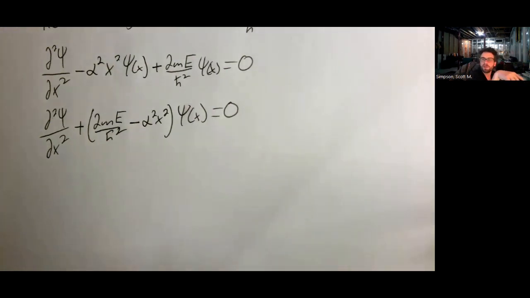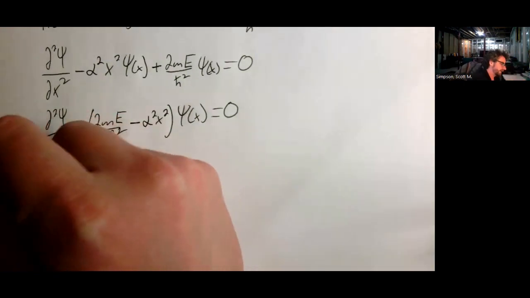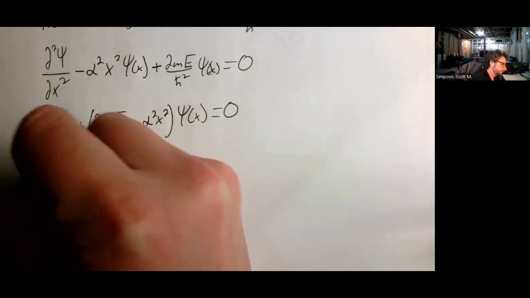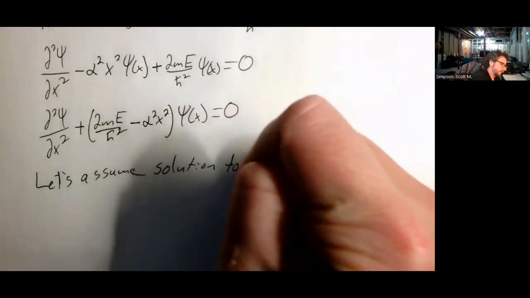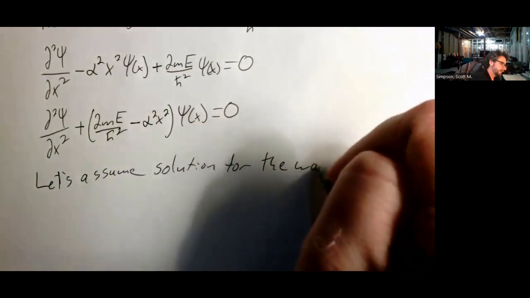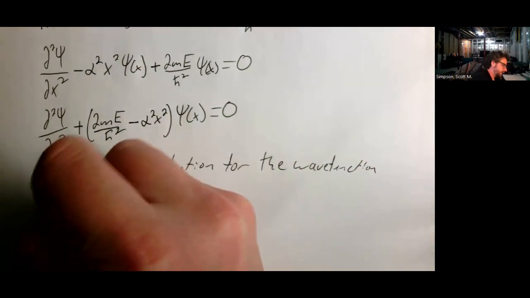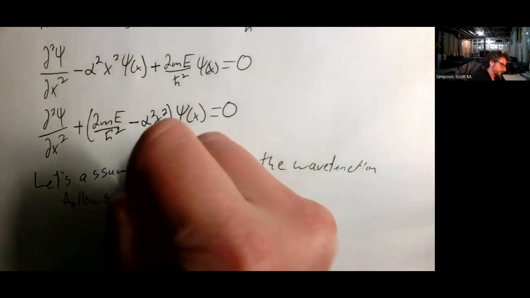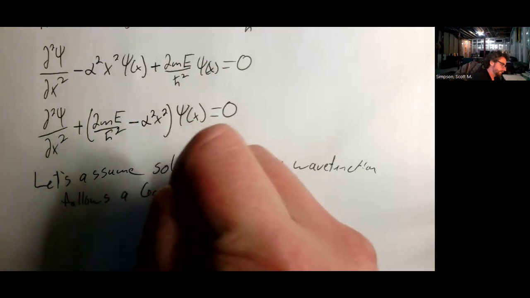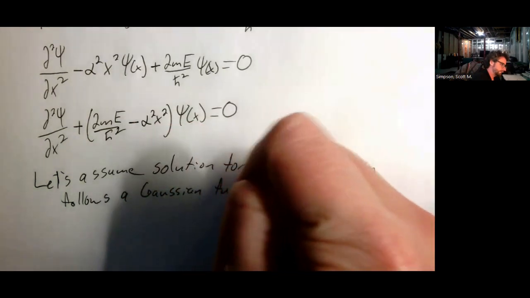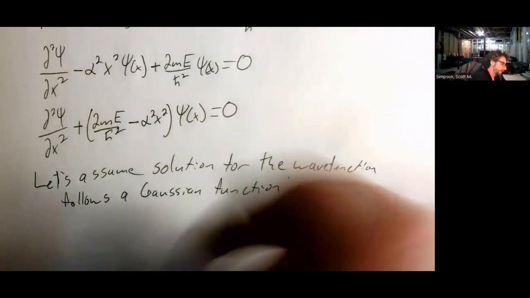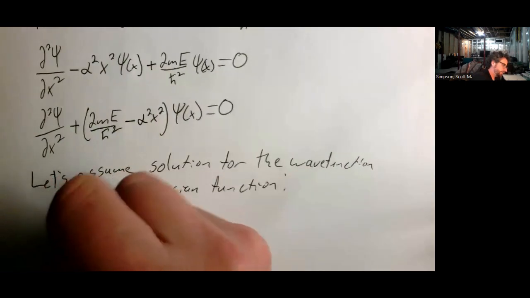We're going to have to whittle our way down to get to explaining why in a bit, but it will work. So let's assume the solution for the wave function follows a Gaussian function that has the following form.